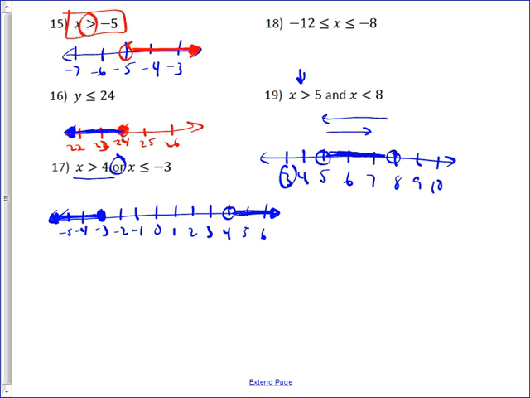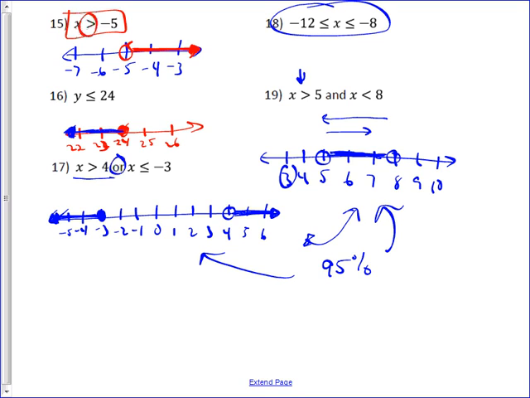Now, I will say as a math teacher, probably 95% of the time, an OR inequality looks like this, and an AND inequality looks like that. OR inequalities go away from each other, and AND inequalities are usually between the 2 cutoff points. 18 is actually also an AND inequality.